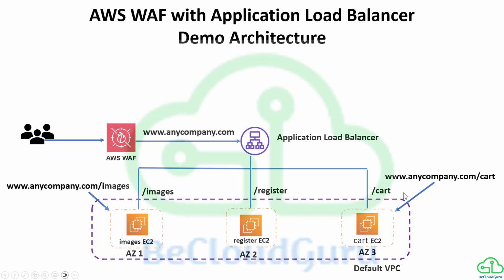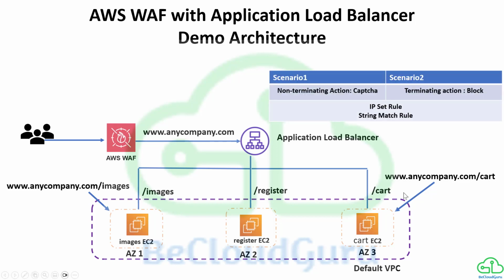Now in this demo use case, we are going to try out two different scenarios where we will use terminating as well as non-terminating rule actions. Also we'll see an IP set rule and a string match rule, and how you configure these two different types of rules on the web application firewall.